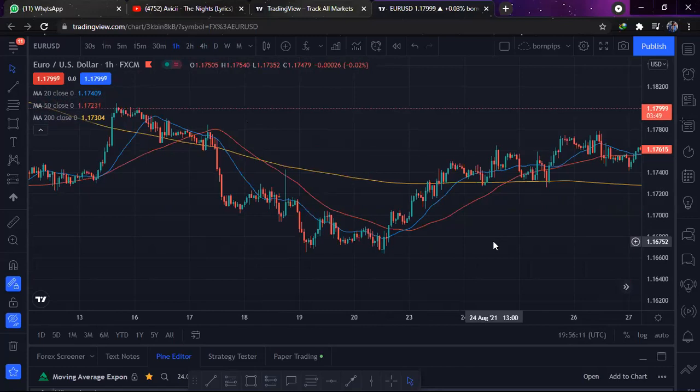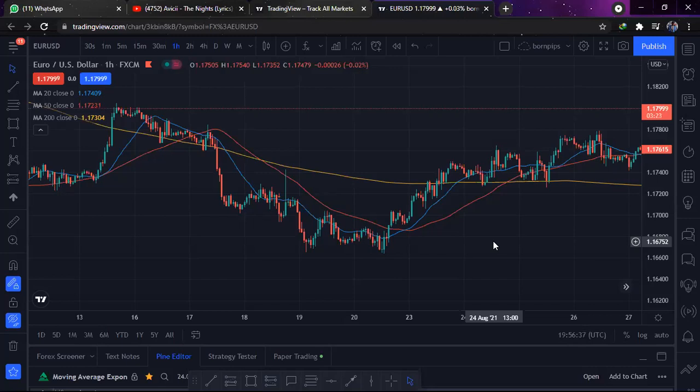Every indicator and every indicator length has specific time frames that are suitable. You can use it on all time frames, but some time frames are more suitable and give you clear setups straight with an edge.